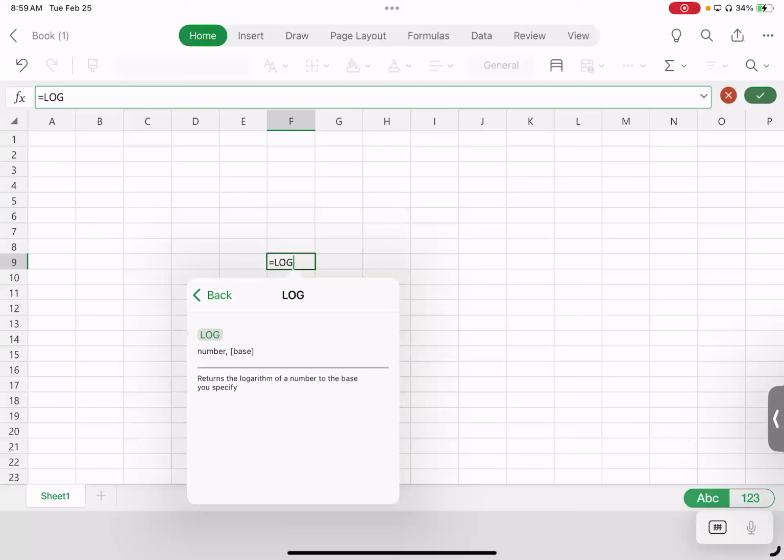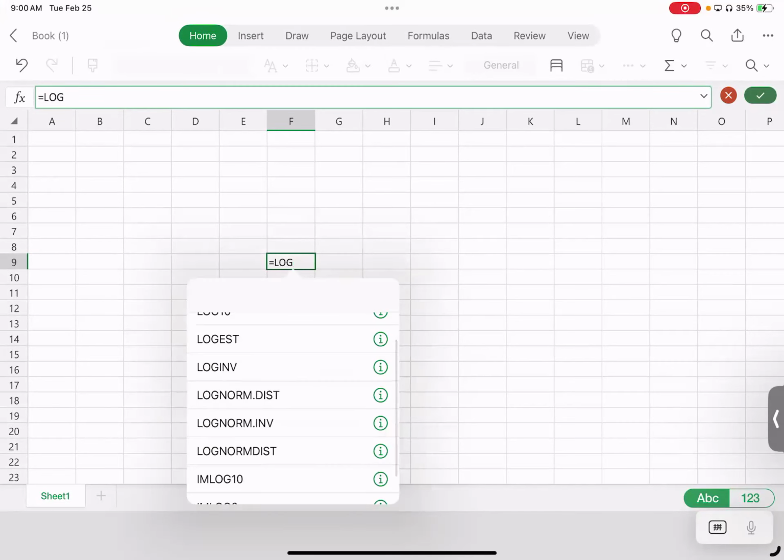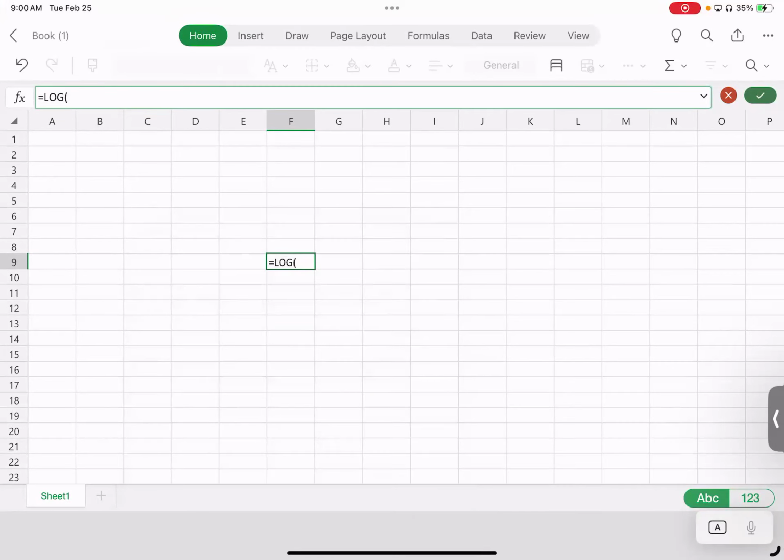The first variable you type in is your number, which is your B, and the second is the base, which is your A. So you can specify both. We type in the bracket here, and make sure you have two arguments here because we want to specify it, right?